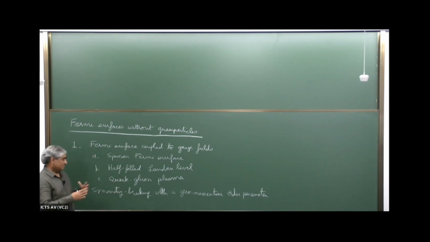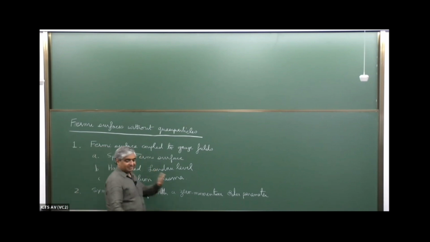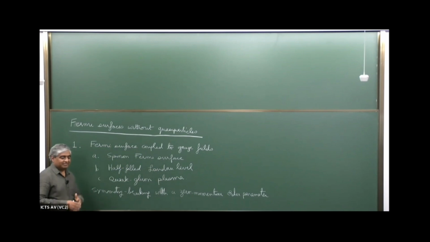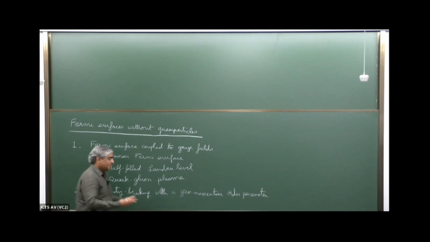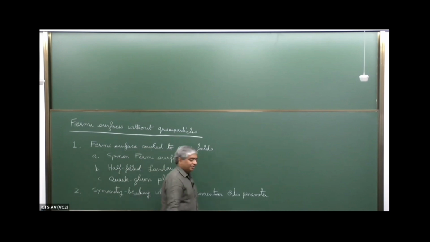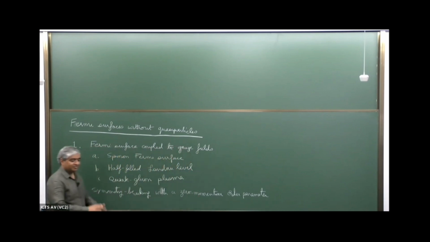And those quarks then interact with the gauge field. As we'll see, the gauge field is very strongly damped in all of these cases. So the assumption is that the confining force doesn't take over. Of course, if the confining force took over, then the Fermi surface would disappear. So just the fact that you're talking about a Fermi surface means that the gauge field is not confining.